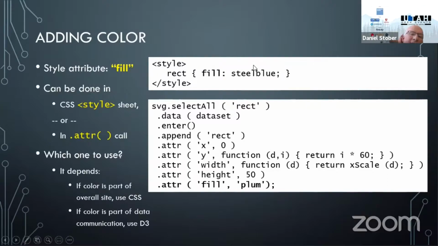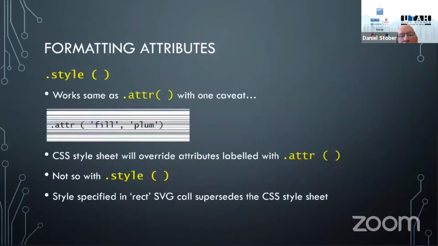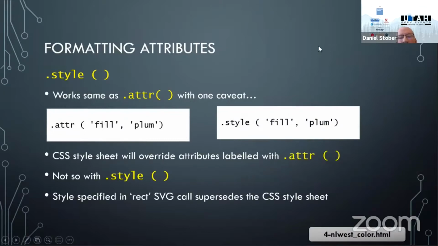Well, the model of CSS is that the style sheet will override the HTML. And so if we did that, this one would generate steel blue bars because the style sheet overrides it. If I want to have something that's specific inside of here, I have a new one that I could put.